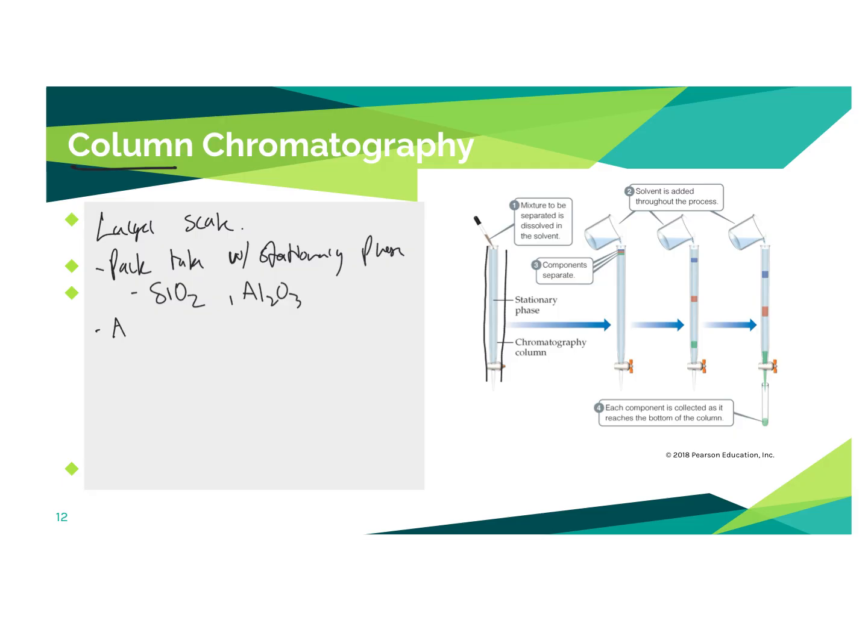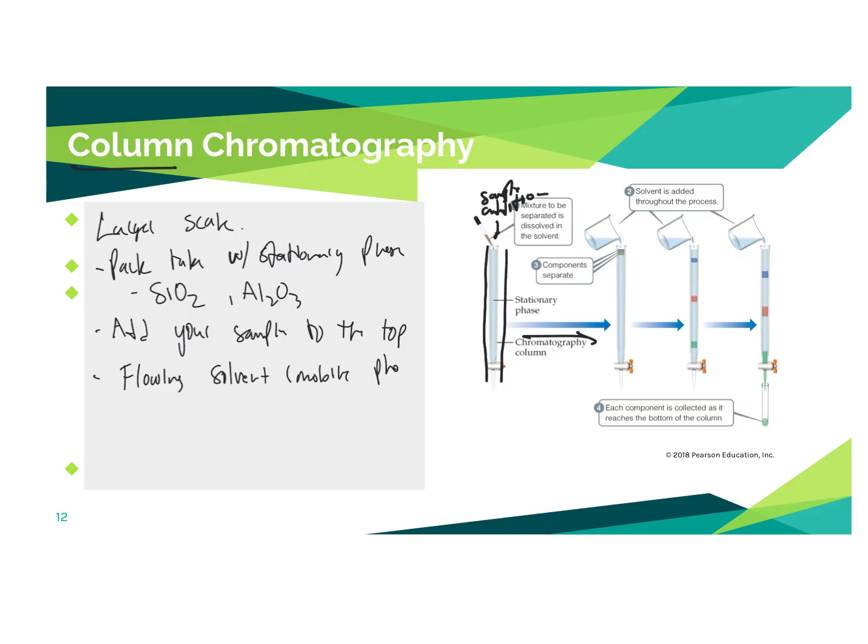And then you add your sample to the top. Right, that's what this is. This is sample addition. And then you wait some amount of time and you keep flowing solvent or mobile phase through the column.